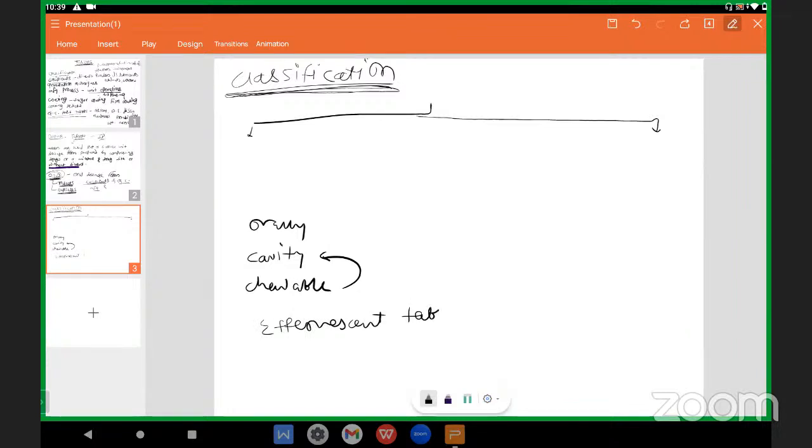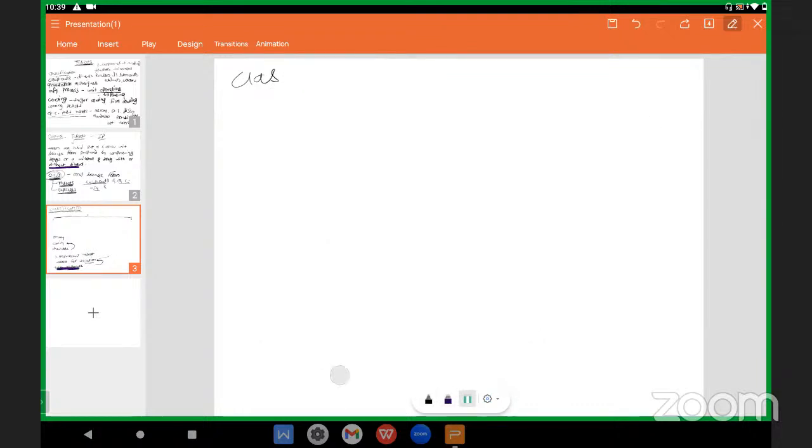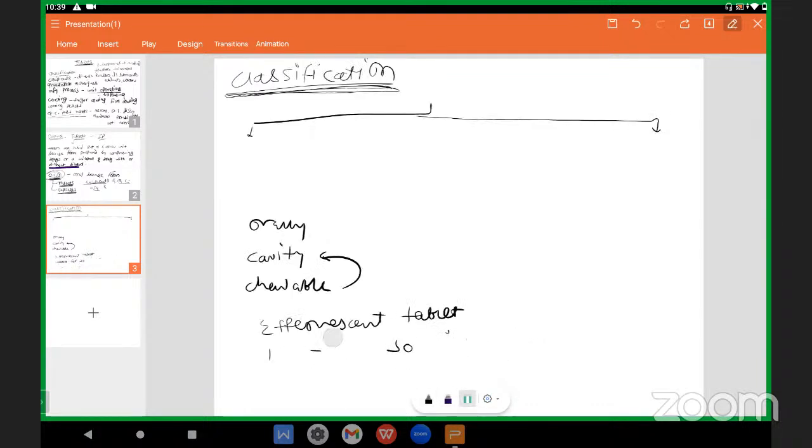Soluble tablets, or we can say tablet for solution. Anything else? Tablet triturates. Okay, that will also again be used for this category only, tablet for solution. We triturate it, make a solution of it, and then administer that solution. Okay, anything else?